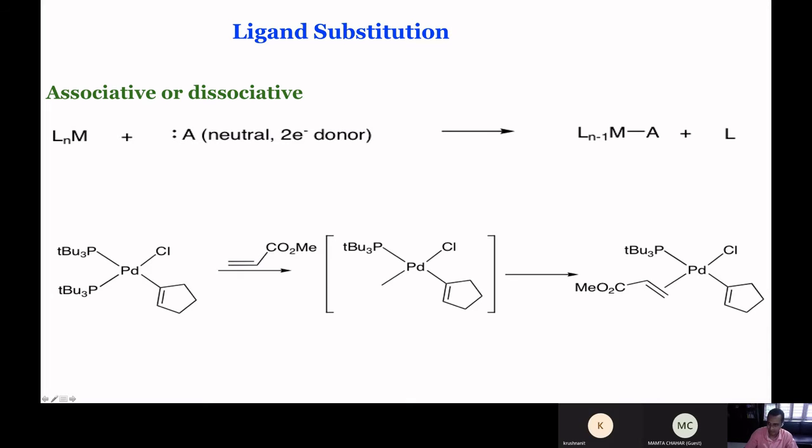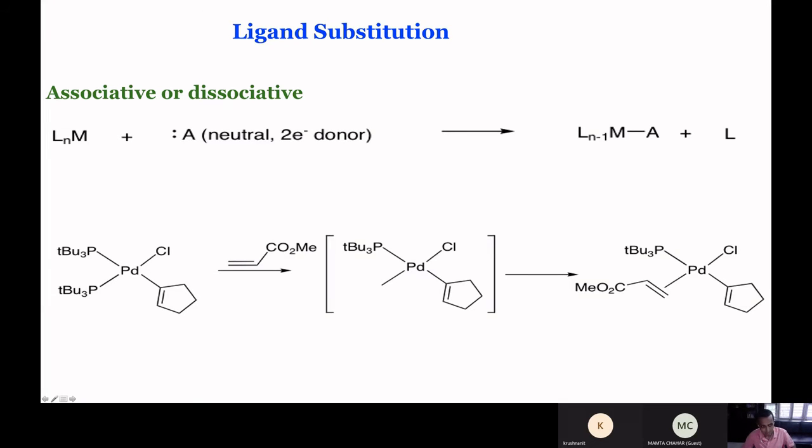It attaches, so association happens, and one of the ligands goes out. So the overall process is, first one of the external ligands comes and joins the metal, and then a ligand goes out. That is called associative mechanism.